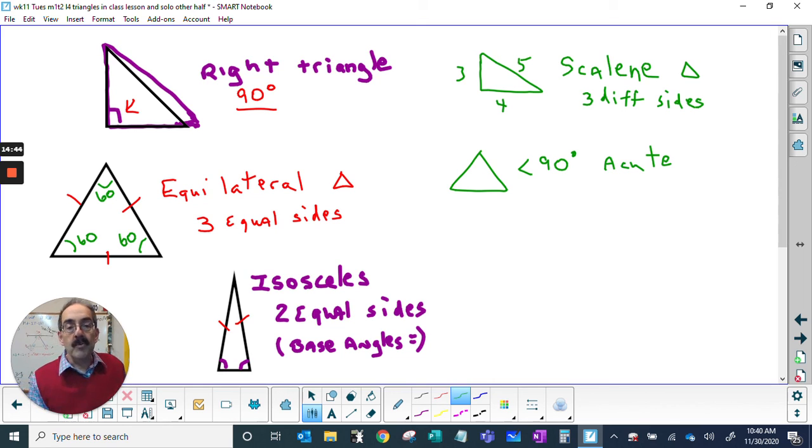And a big triangle, nice wide one. There is one angle larger than 90 degrees, and that's called obtuse.